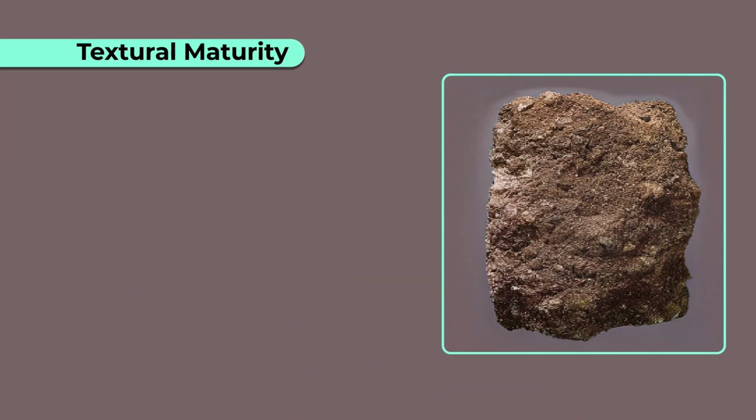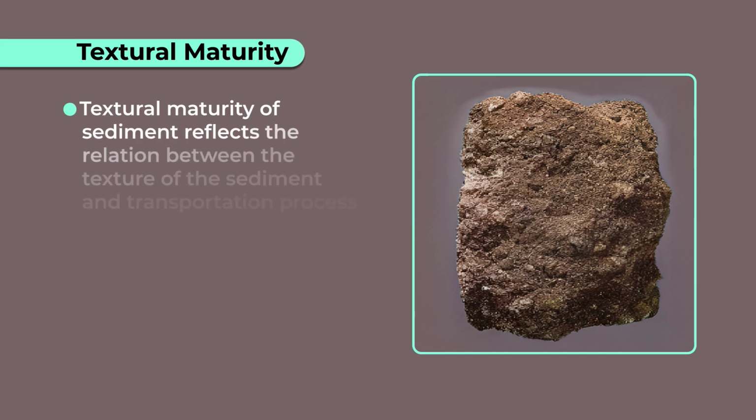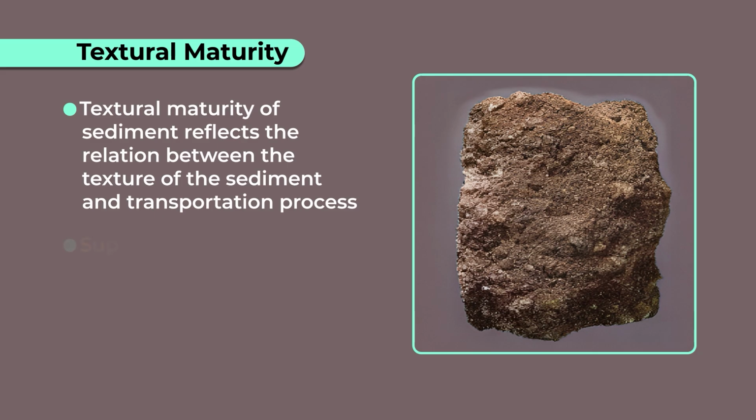The rock is supposed to be mature or immature on the basis of certain parameters. This is called the textural maturity of sediment. It reflects the relation between the texture of the sediment and the transportation processes. We call it super mature when all the grains are of similar size and there are no small particles and no clay particles in it.